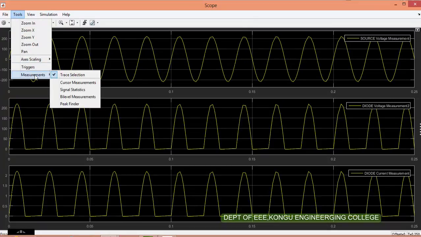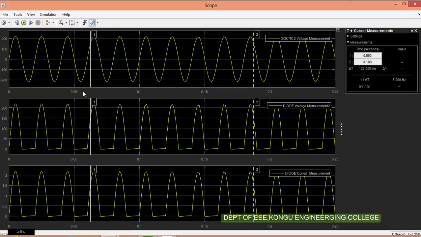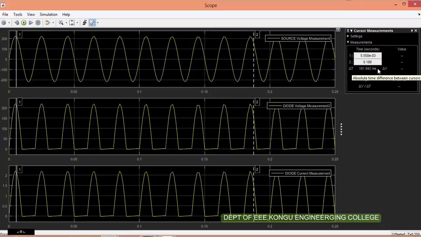Next go to measurement and go to cursor movement. Here you can measure the waveform by placing your cursor. You can see that when I am changing the cursor, the value changes.